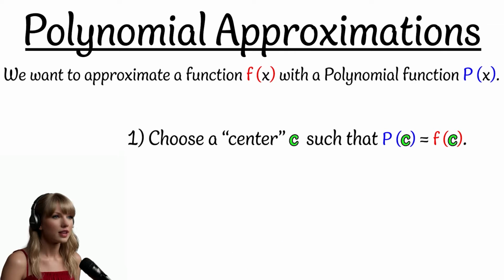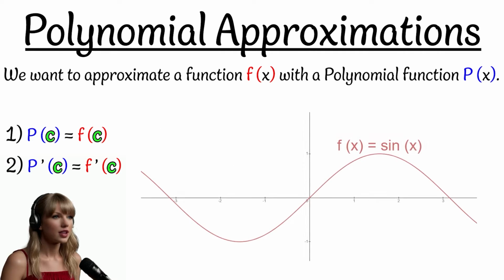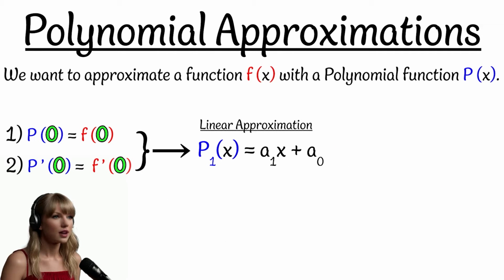One way to do this is to require that the rate of change, or slope, of the polynomial be the same as the slope of f at the center. Say we wanted to approximate the classic trigonometric function sine near x equals 0. Using just these two requirements, we can find a basic linear approximation. Recall that the function that describes the slope of sine is cosine.